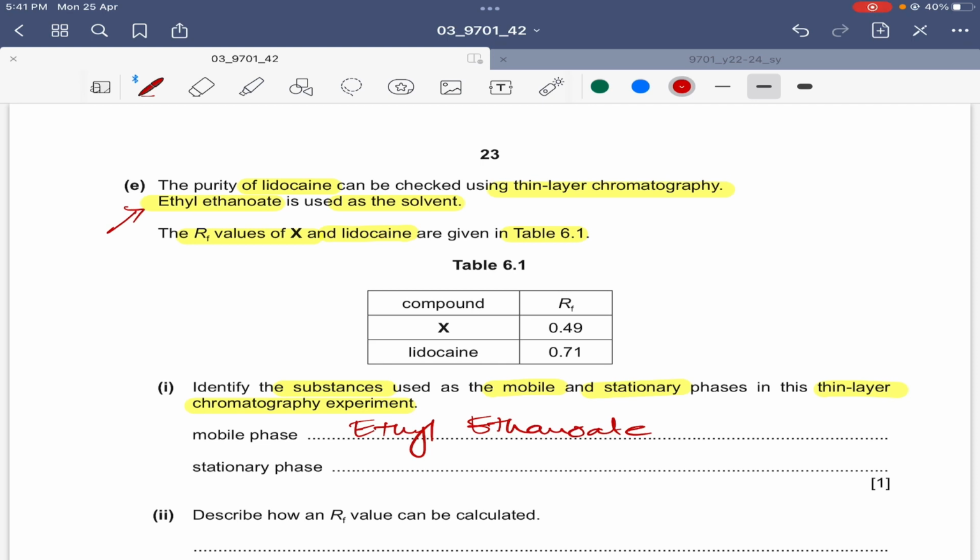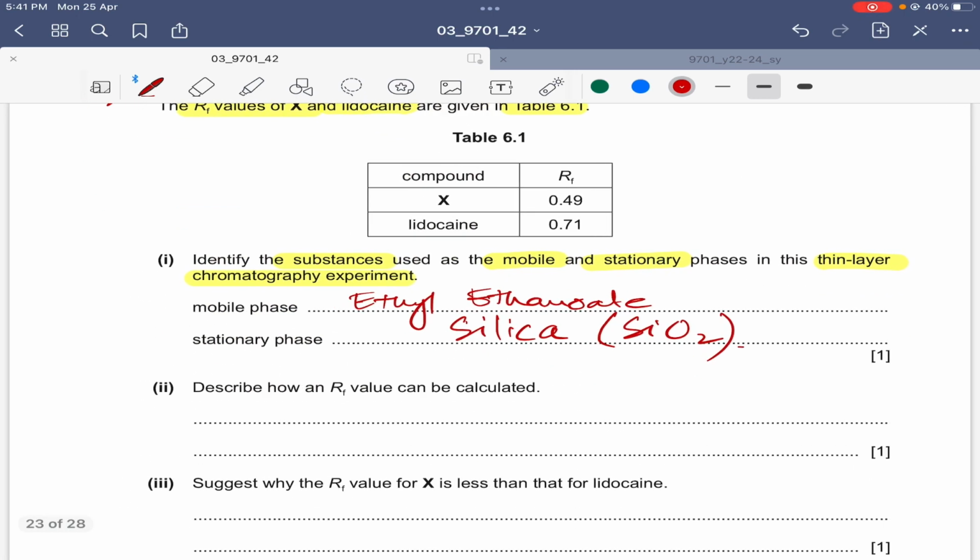Either we develop a gel of silica, either we form a layer of silica gel, so it would be silica SiO2. This would be the stationary phase, and mobile phase is already given in the question. This is ethyl ethanoate. So describe how an RF value can be calculated.